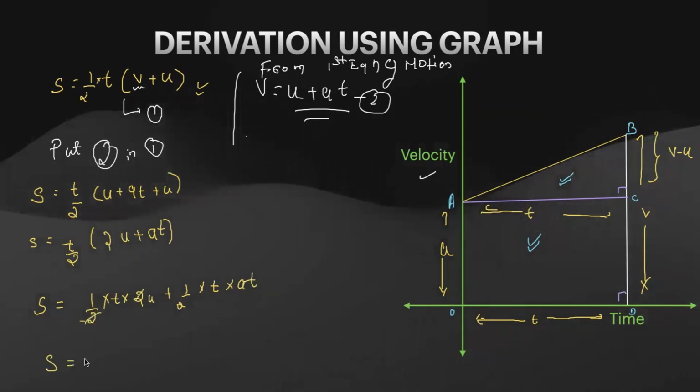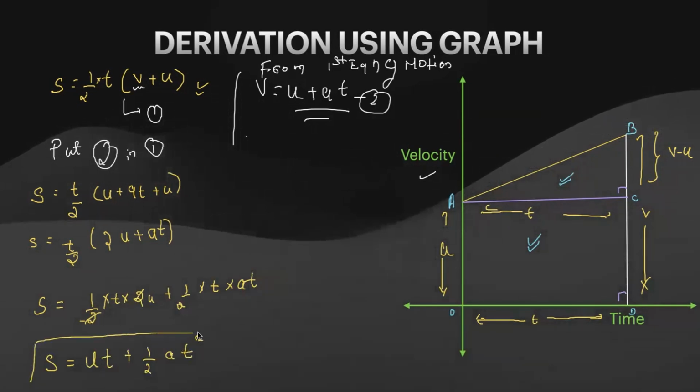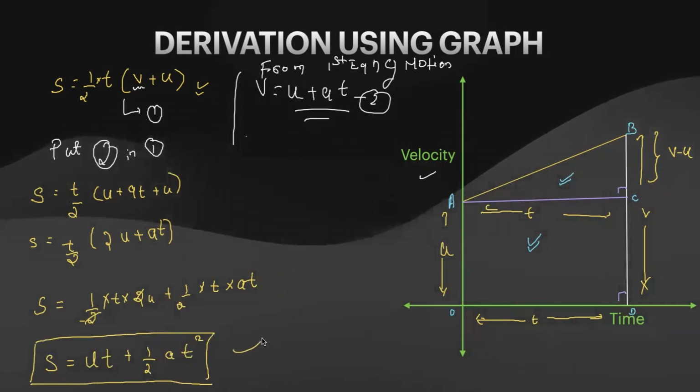S is equal to ut plus half at square. This is nothing but our second equation of motion. So we have derived the second equation of motion using the graphical method.